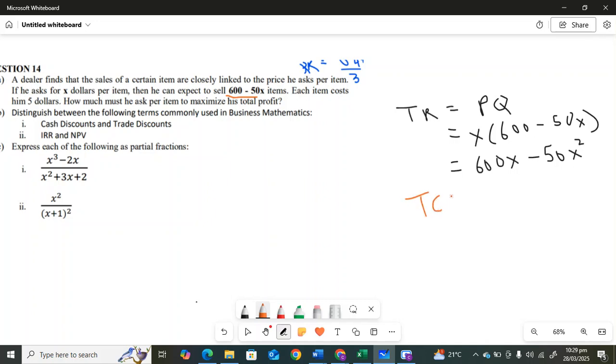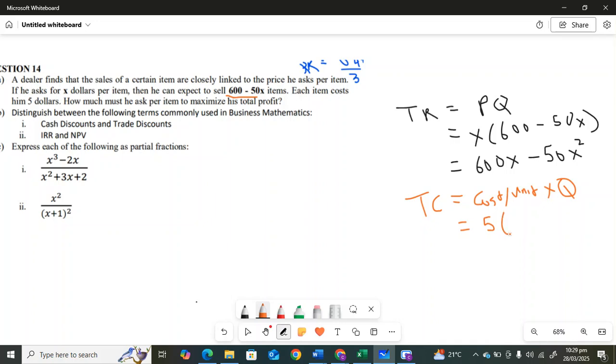Okay, total cost is basically your cost per unit multiplied by the quantity. Here in this question, they told us our cost per unit is $5.